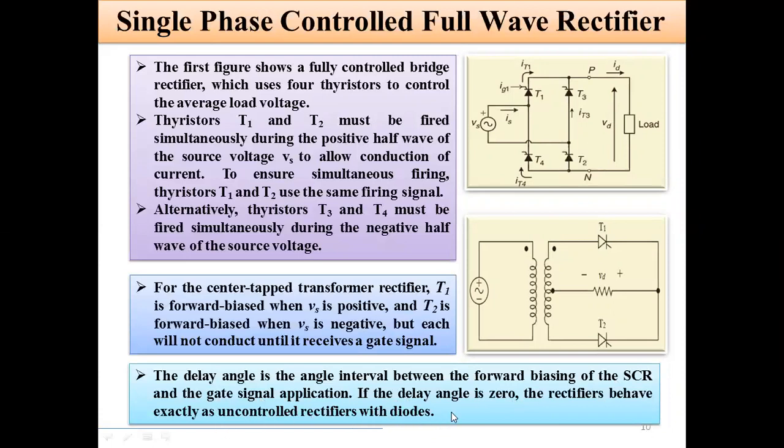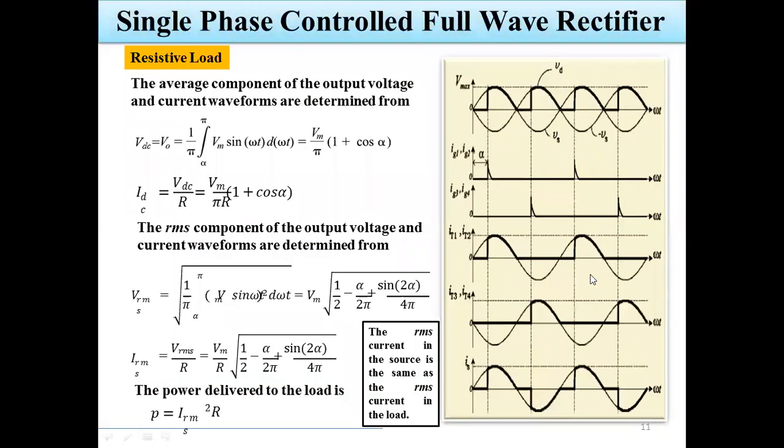This is the complete full wave bridge rectifier, and the other one is the midpoint one. Both are the same. Next, if you observe the output waveforms of the single phase controlled full wave rectifier using a resistive load, this was discussed already.